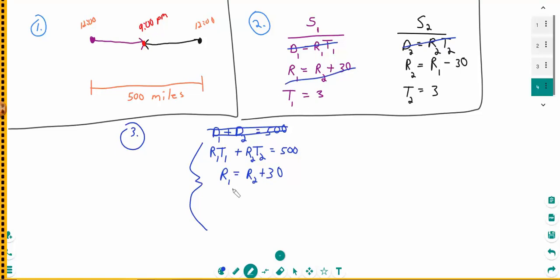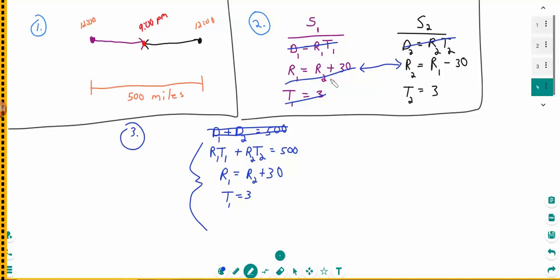And I have T1 is equal to 3. That's another good equation. Now be careful with this one, because you might be tempted to say, okay, well, I can use this equation, R2 is equal to R1 minus 30. But watch out, because this equation is actually the exact same equation as this one. These two are the same thing.